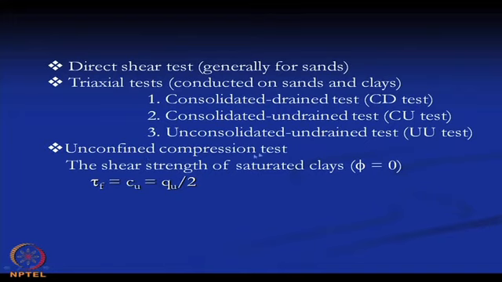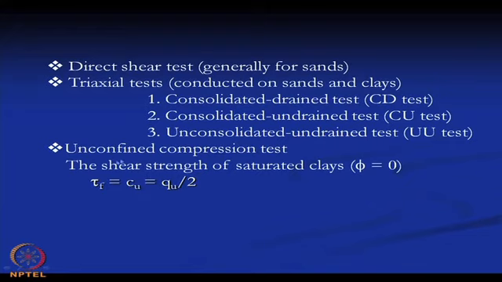Another test that is conducted is the unconfined compressive strength test, which is suitable for saturated clay, that means phi value is equal to 0. The shear strength of saturated clays can be calculated for this type of test as tau f equal to Cu, where Cu is the undrained cohesion of the soil.